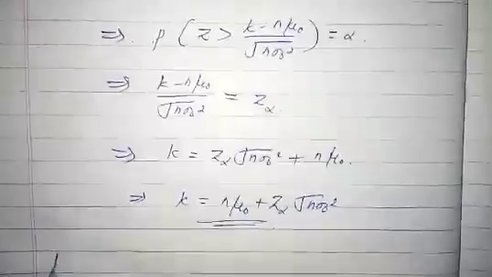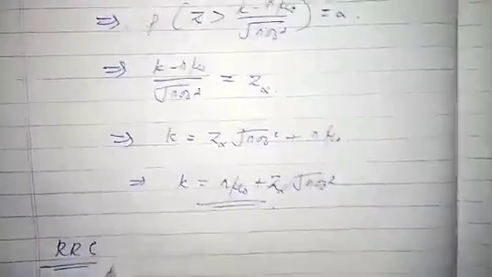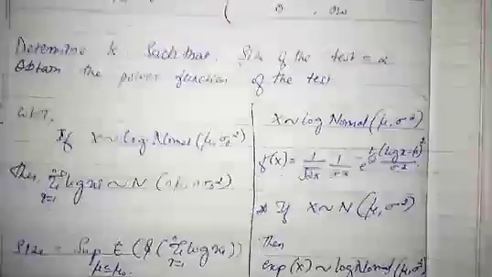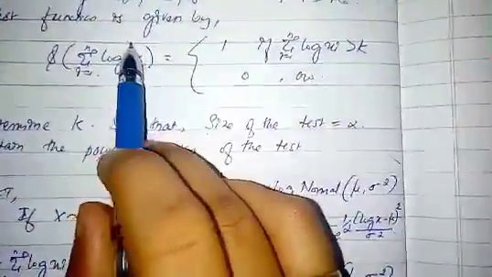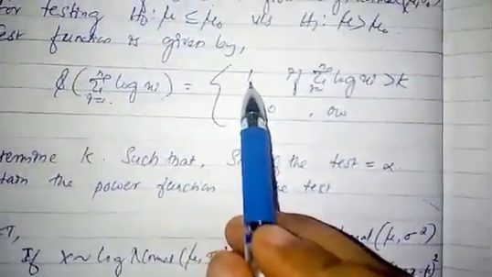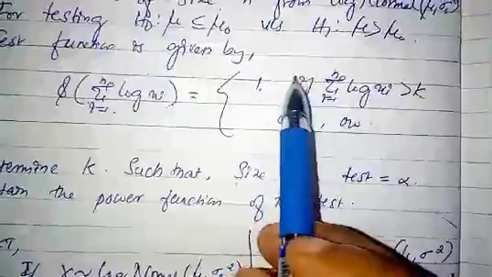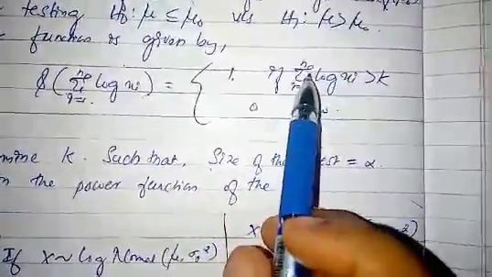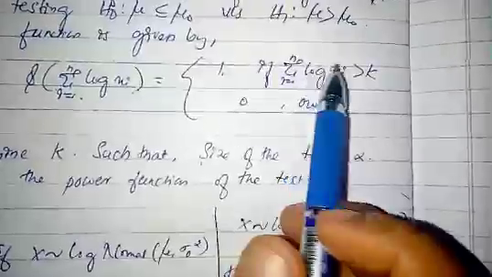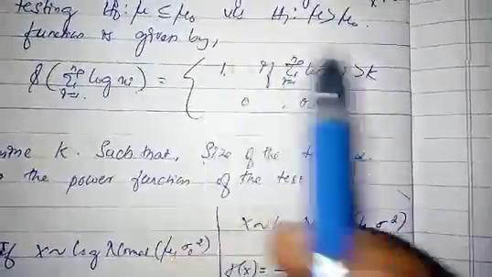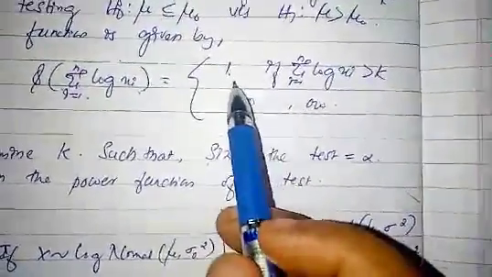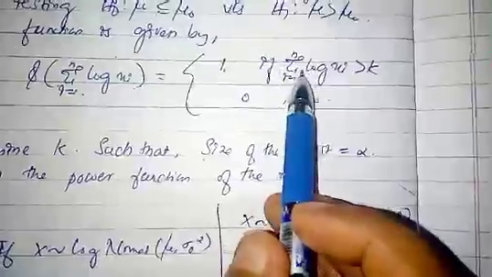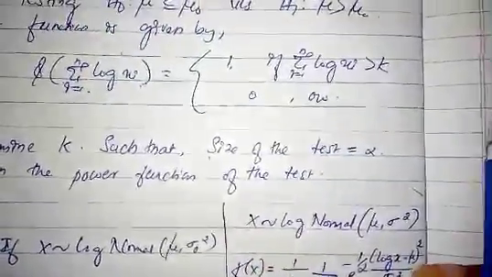Then what is the rejection region here? From the test function, we reject H naught with probability 1 when summation log xi is greater than k, right?